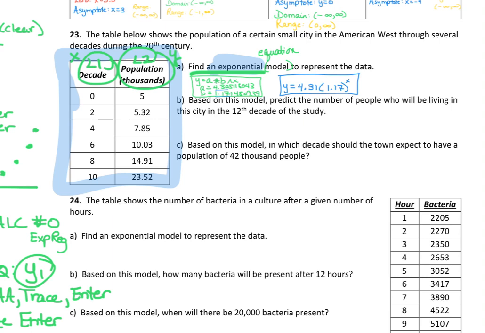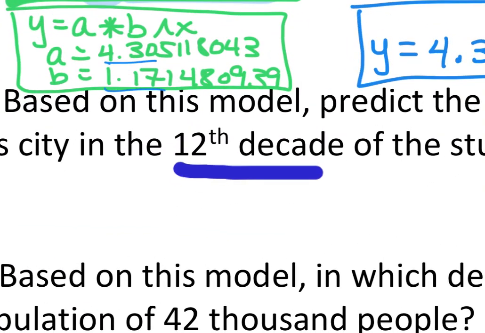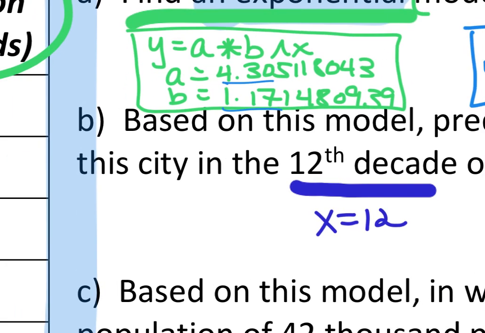In this question B here, the problem is saying to you, in the 12th decade, how many people will be living in that city? Well, it's giving you the decades, so that's x is equal to 12. And so to find that on your calculator, you're looking for the y value.